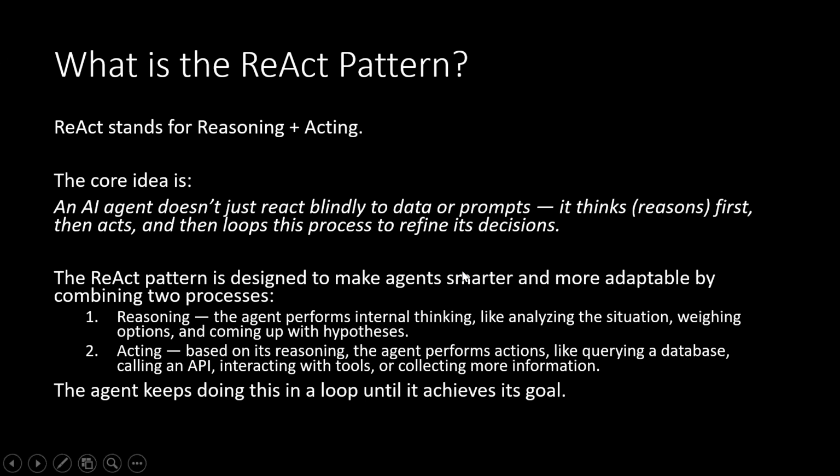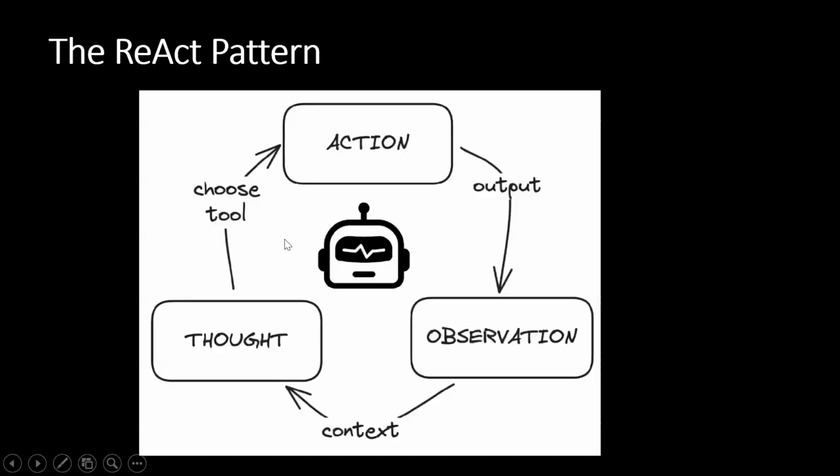I don't want to prompt it or tell it, this is how you need to do it, you also need to add the logs, you also need to add the comments, and then finally it will give me the answer. Rather, what I want is my application should be smart enough to incorporate all these things by itself. And how is that possible? One way is to use the React pattern. Okay, let me show you this particular diagram.